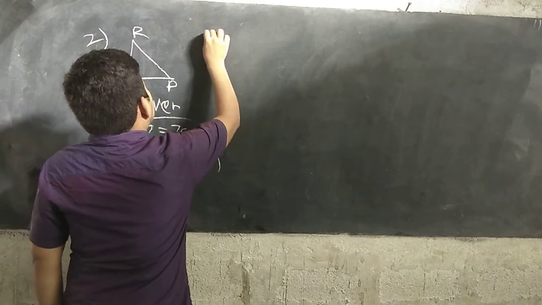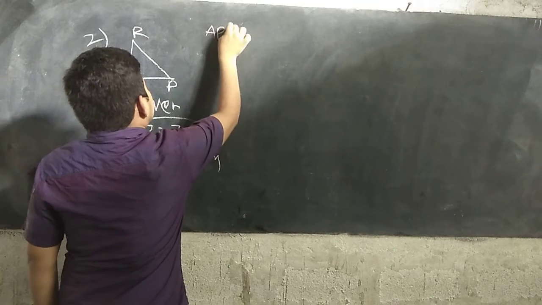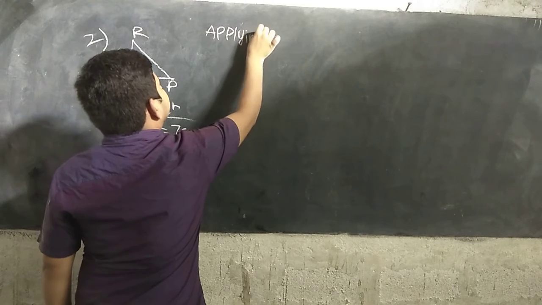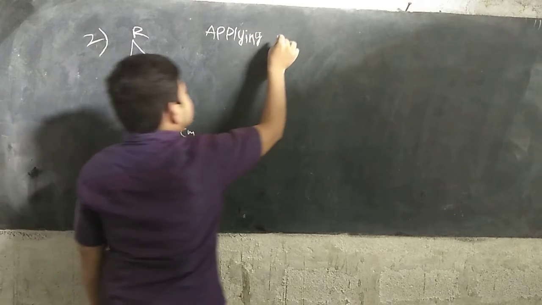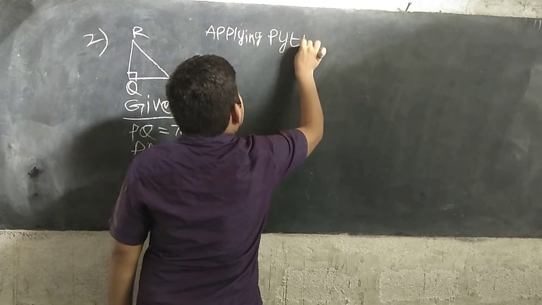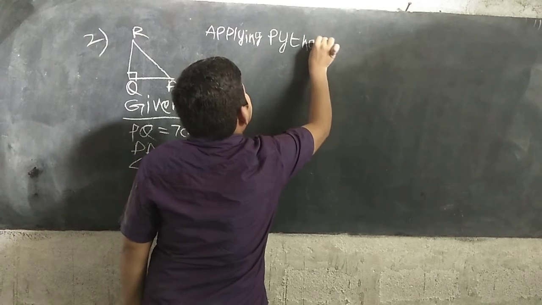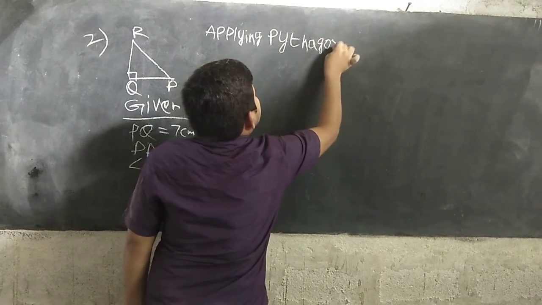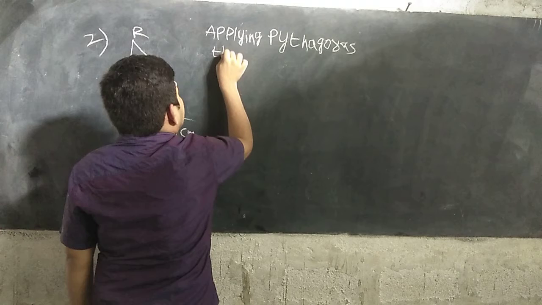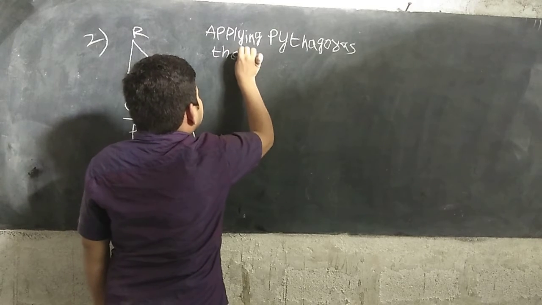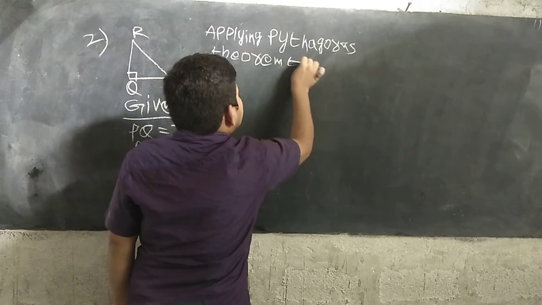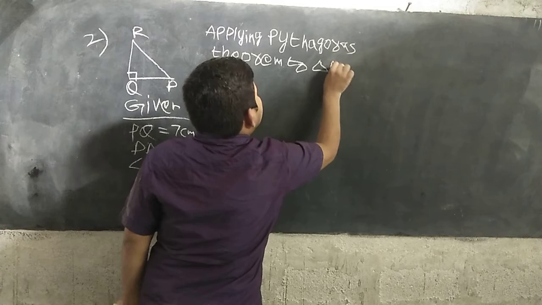Okay, so applying Pythagoras theorem to triangle PQR.